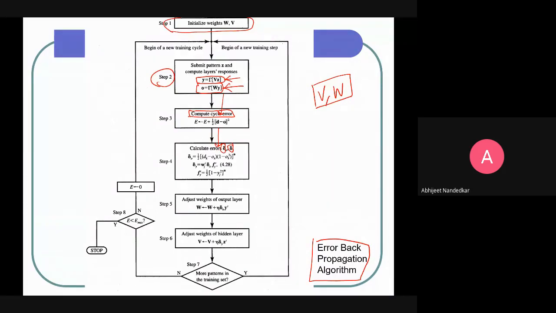So you can note that this is delta O, that is error signal for output layer, and there is delta Y, that is error signal for hidden unit or hidden layer.